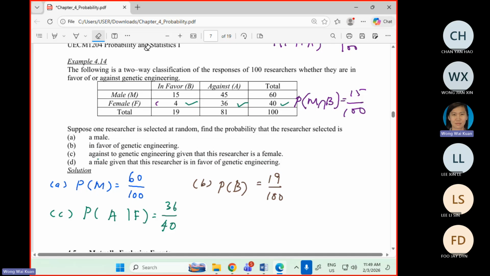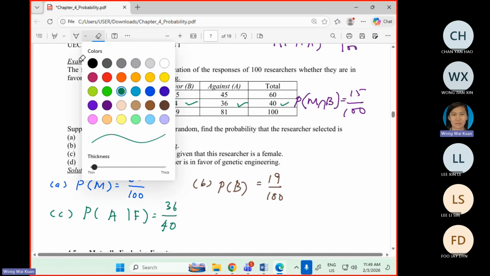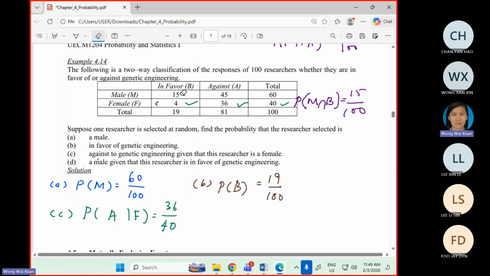Then please do your tutorial. Okay, we go back to the number later. Now, what about the last one? We go the other way around. What is the probability that the researcher is a male, given that this researcher is in favor of genetic engineering?